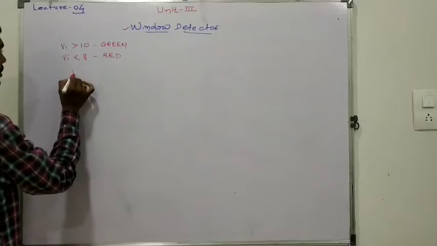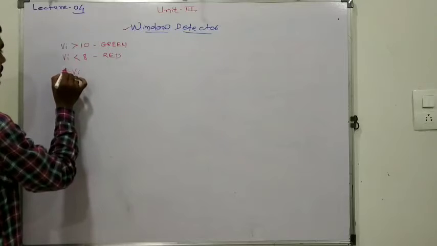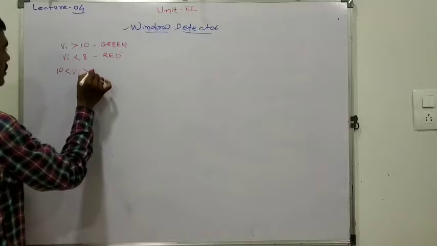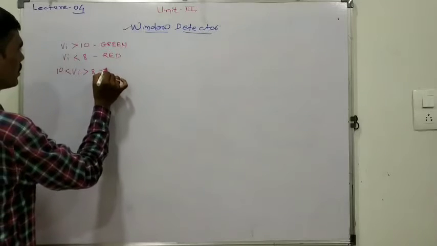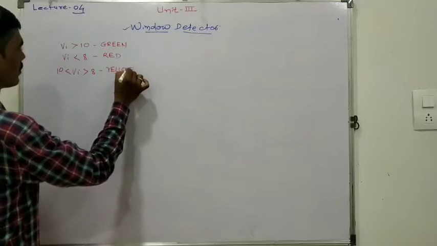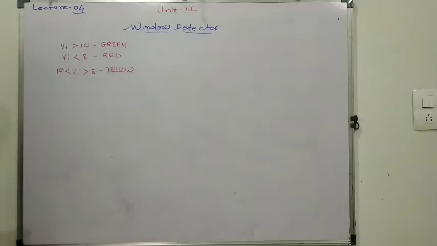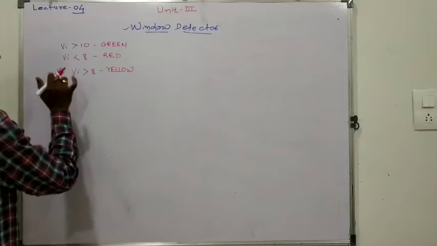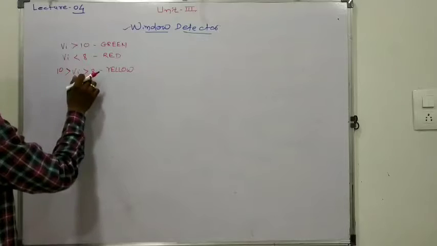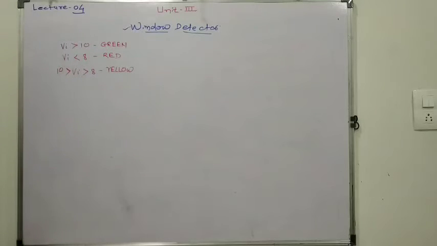That is, if Vi is less than 10 volt and greater than 8 volt, then the yellow LED must glow. These are the three conditions.